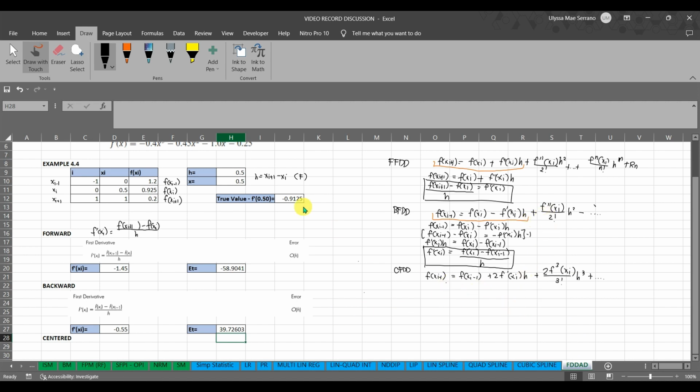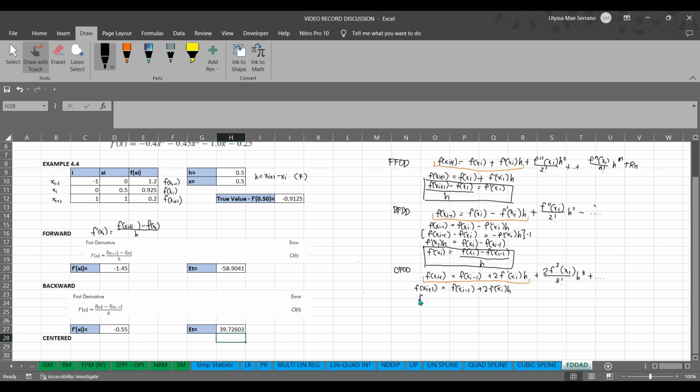And since we're finding the first derivative using centered finite divided difference, we're just going to use this. We will now have the equation of the function of x sub i plus 1 equals the function of x sub i minus 1 plus 2 times the first derivative of the function at x sub i times h. So rearrange the equation.